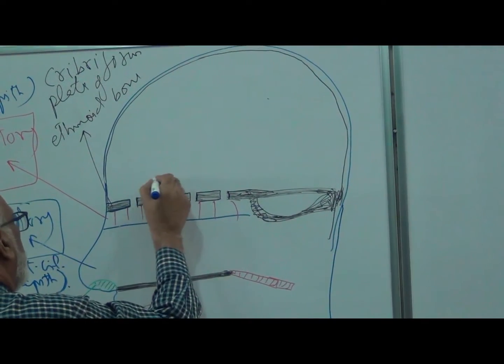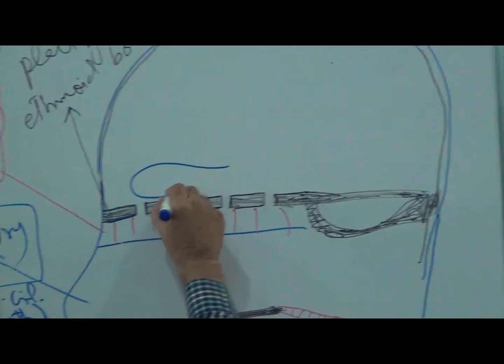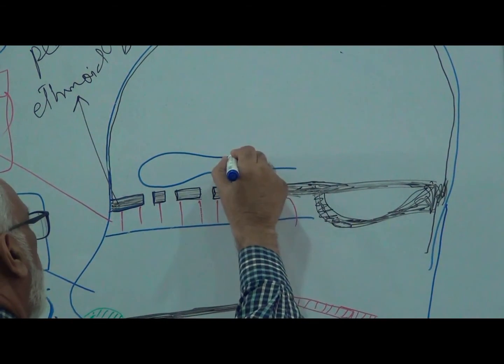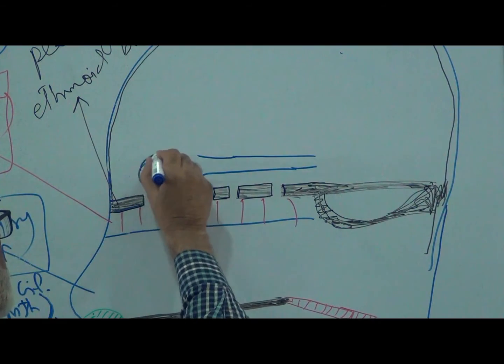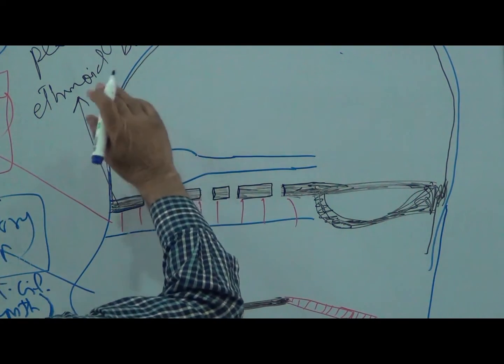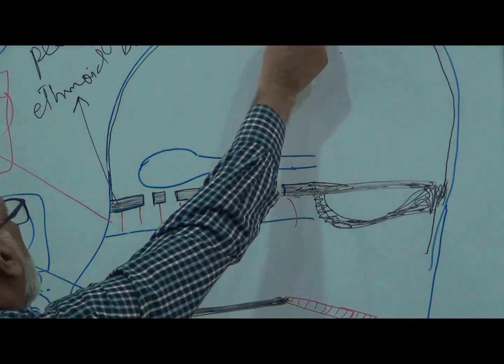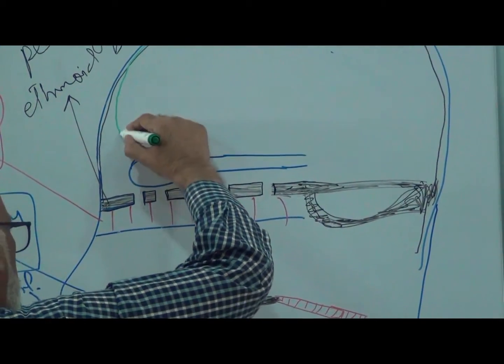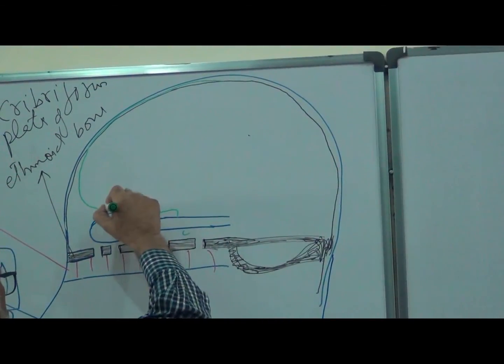Here on the basal surface of the brain is the olfactory bulb, followed by the olfactory tract. It is attached to the lower surface of the brain. This is the orbital surface of the cerebral hemisphere.